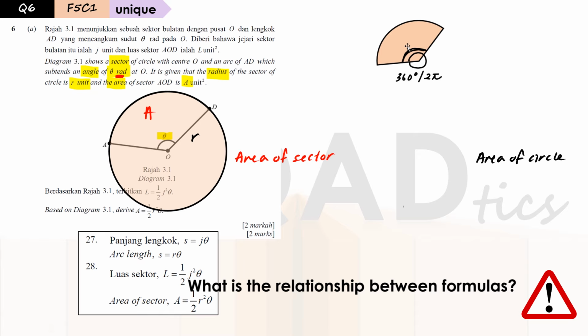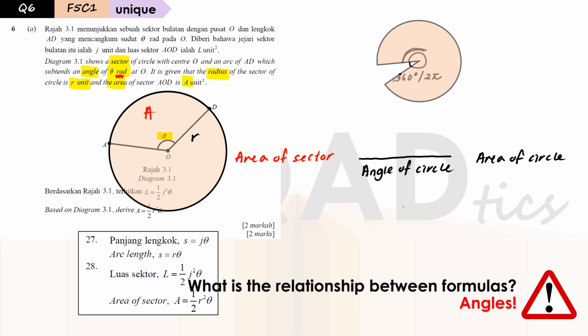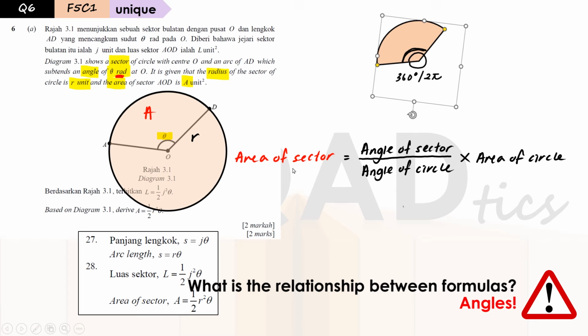So the bridge between sector and circle is the angles. So from the area of a circle, what we need to do is divide by the angle of the entire circle, and multiply with the angle that we want, which is the angle of the sector. Once we've done this, then we can find out the formula for the area of the sector.